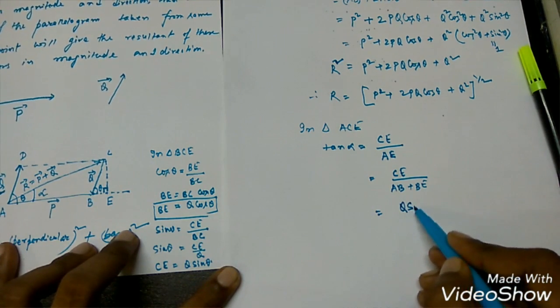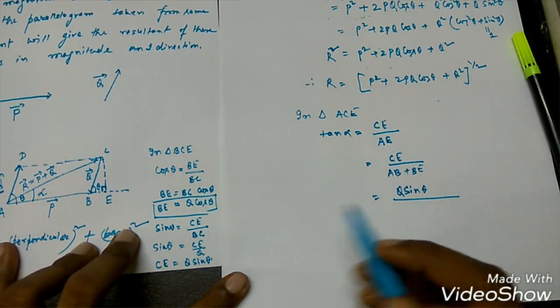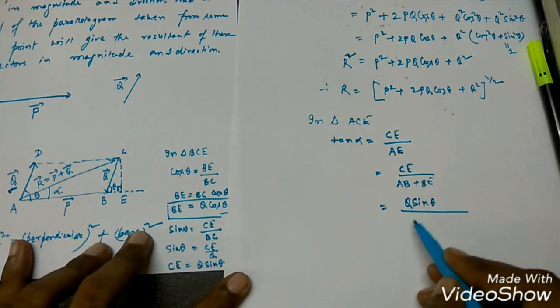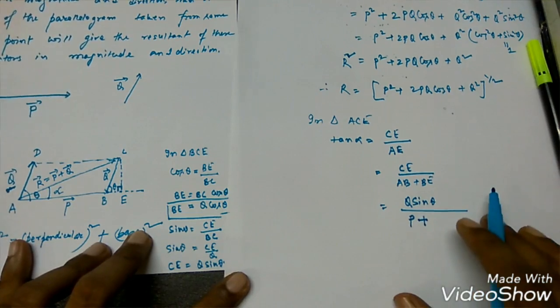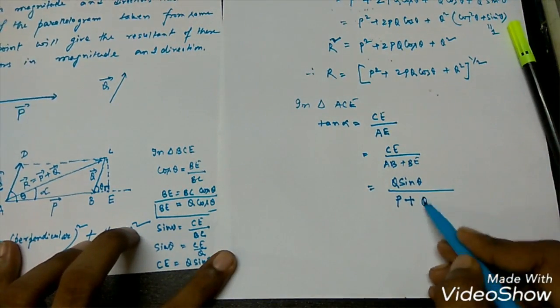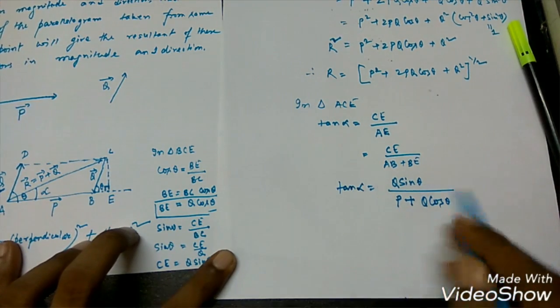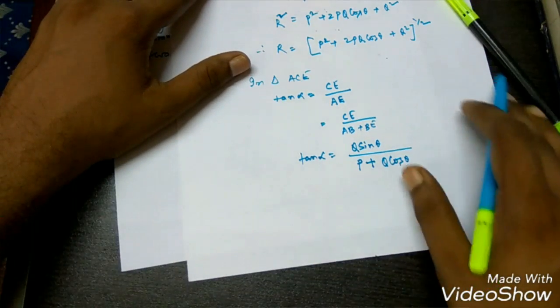So putting the value of CE. Now what is AB? AB is just the value of P. So putting P in place of AB. And what is BE? BE is equal to Q cos theta. We have already found it. So here we are finding that tan alpha is equal to Q sin theta divided by P plus Q cos theta.